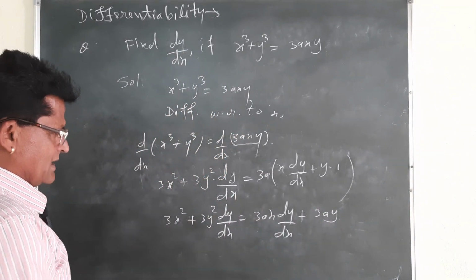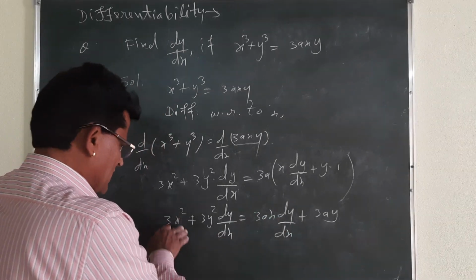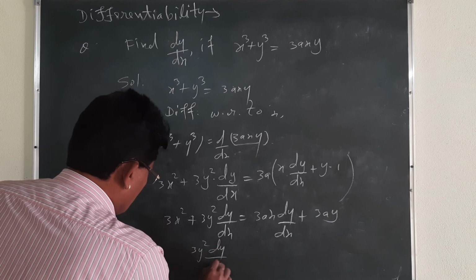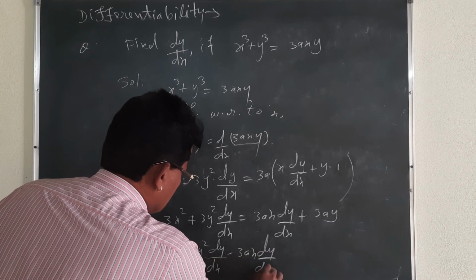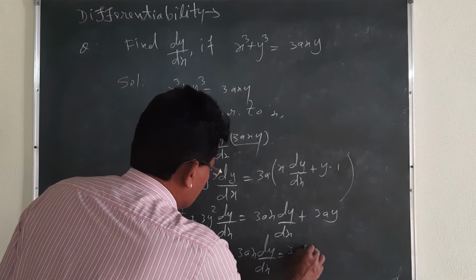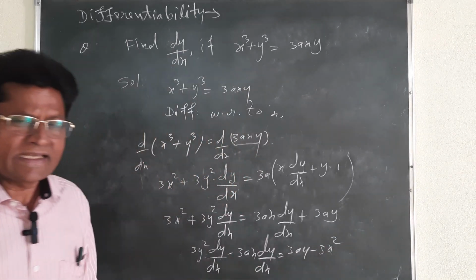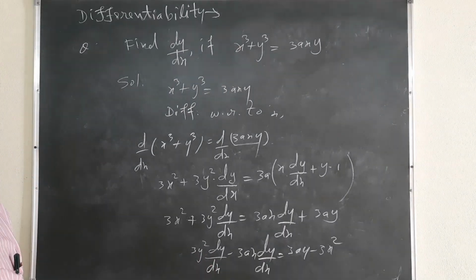And 3ax dy upon dx we will take in the left side, and this one from left side to right side. 3y square dy upon dx minus 3ax dy upon dx will be equal to 3ay minus 3x square. See carefully.